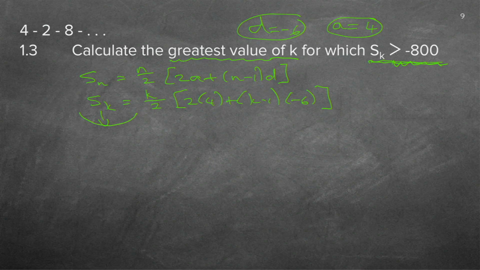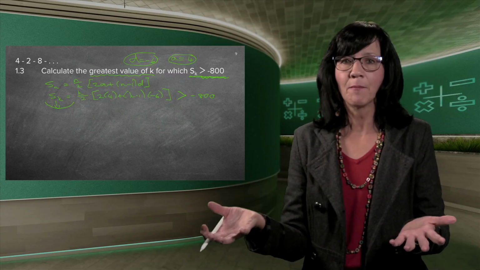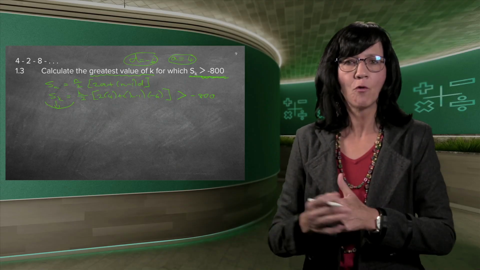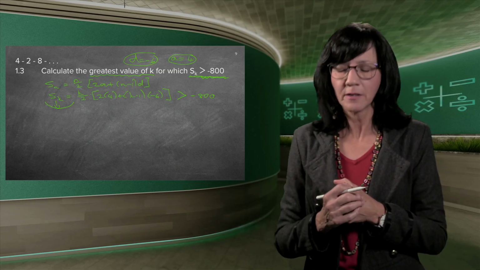I'm going to write here, my Sk must be greater than minus 800. Have you got it? So it's nothing complicated. I just do exactly what they tell me. I wrote down my formula, which you always must do, your Sn formula, because they said the sum k, so I needed to write down S of k. There's my formula, and then I just check what they gave me. They gave me greater than minus 800.